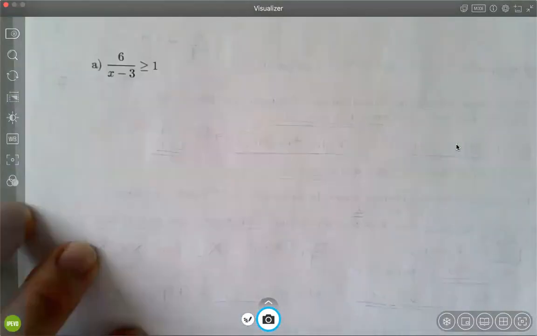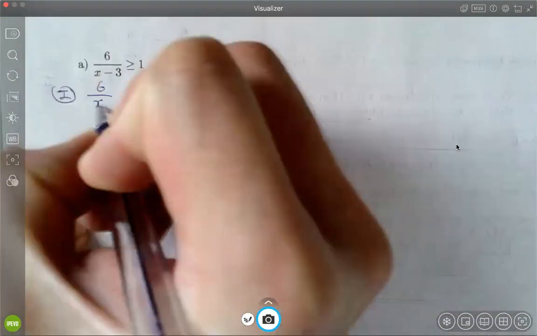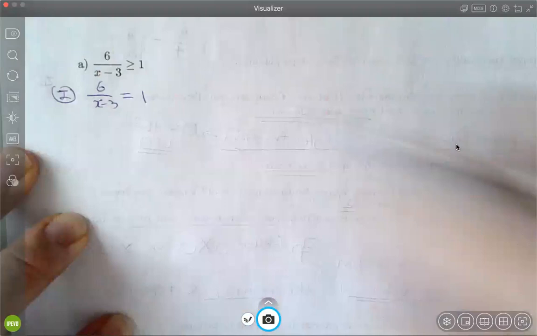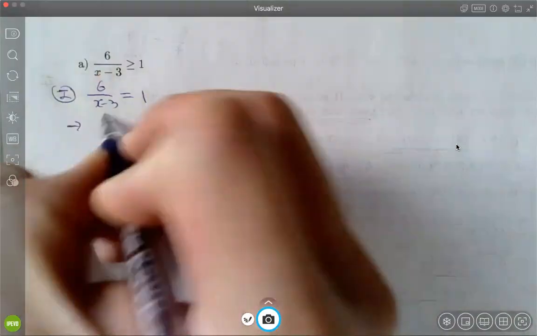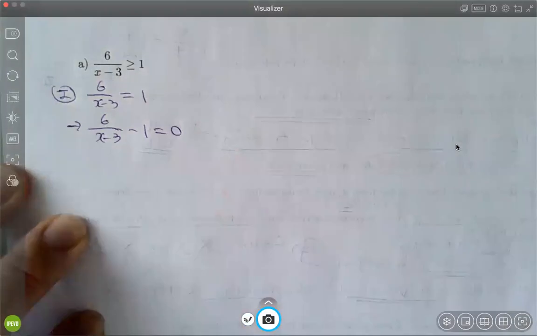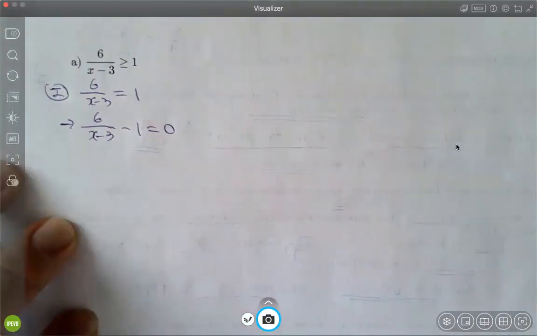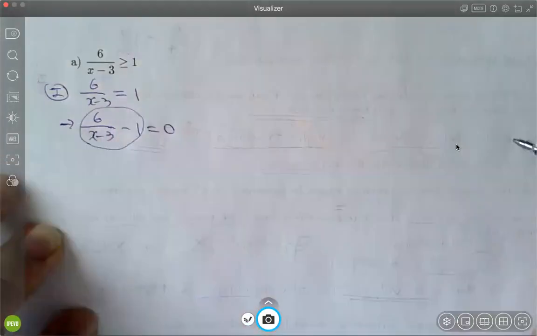First, what we do is put equal to 1, and then to make one side equal to 0, we minus 1. And now we write the left-hand side as a single fraction.